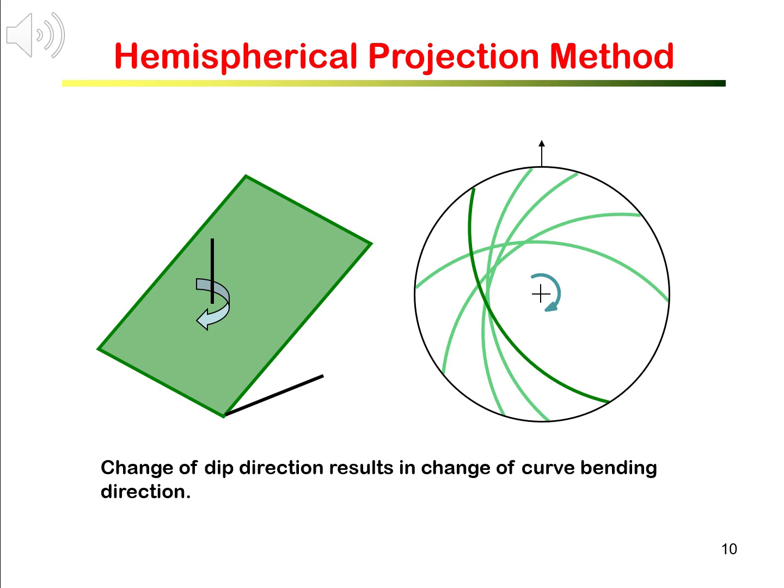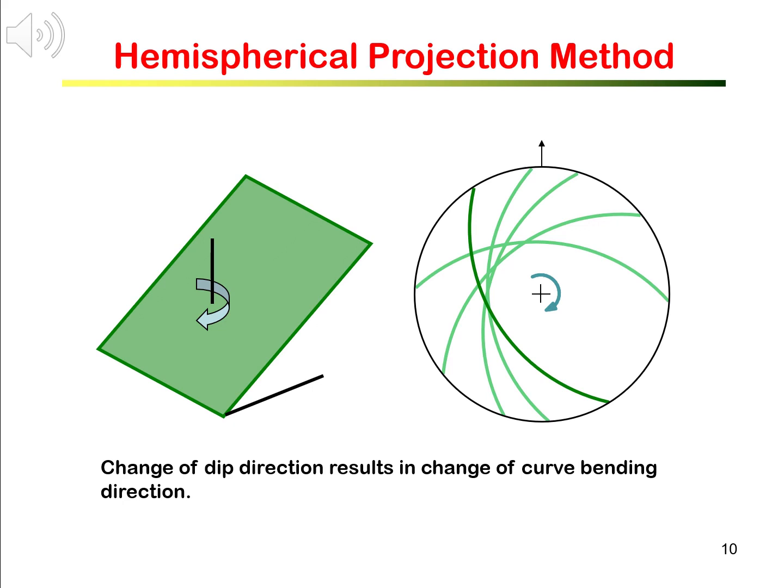We have already seen from the previous examples, when the plane dips towards southwest, the arc representing the plane on the projection bends towards southwest. Through the lower hemispherical projection, the arc's bending direction represents the plane's dip direction.